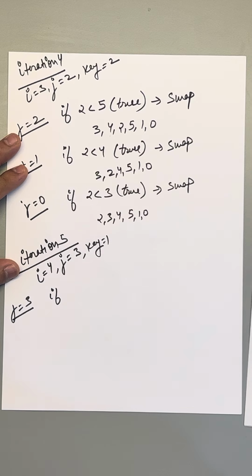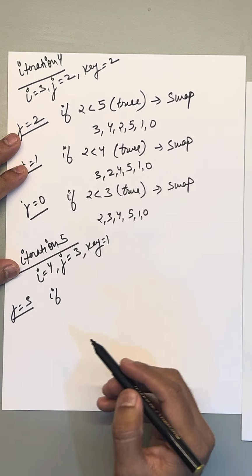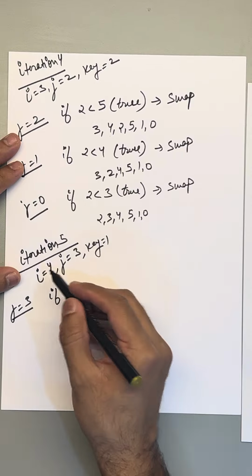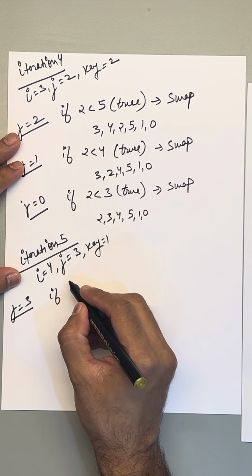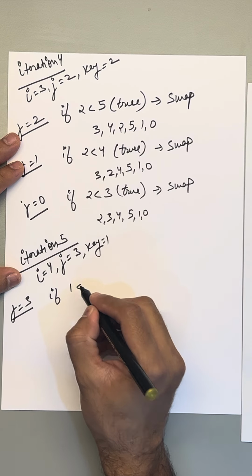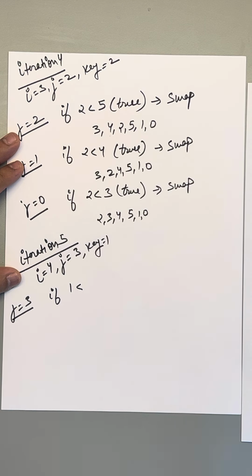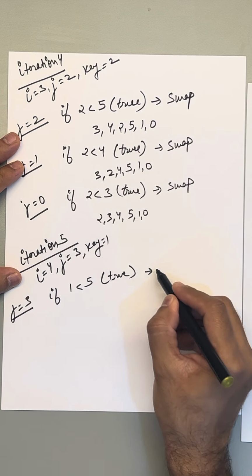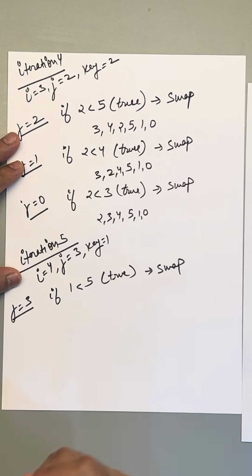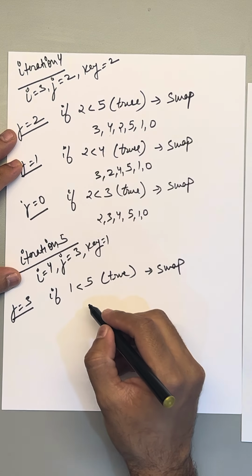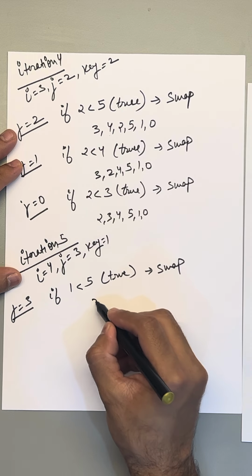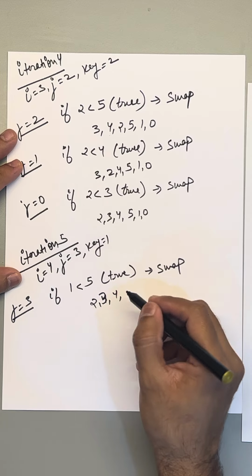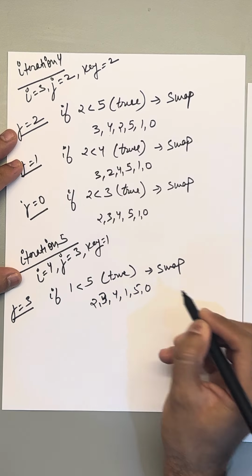We'll check with the last value, and that should be 5. It happens to be true, so we'll swap. The output should look like 2, 3, 4, 1, 5, 0.